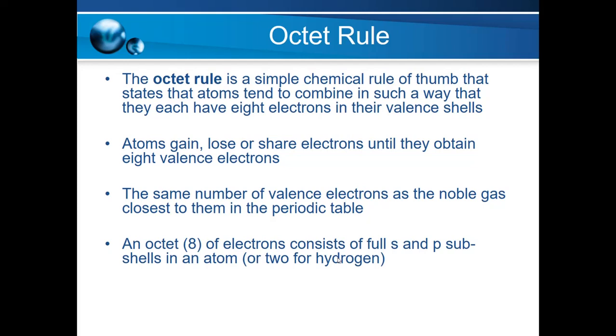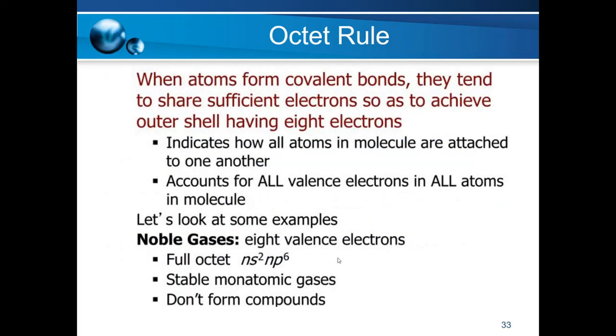An octet of electrons consists of full s and p subshells in an atom, or 2 for hydrogen. When atoms form covalent bonds, they tend to share sufficient electrons so as to achieve an outer shell having 8 electrons.